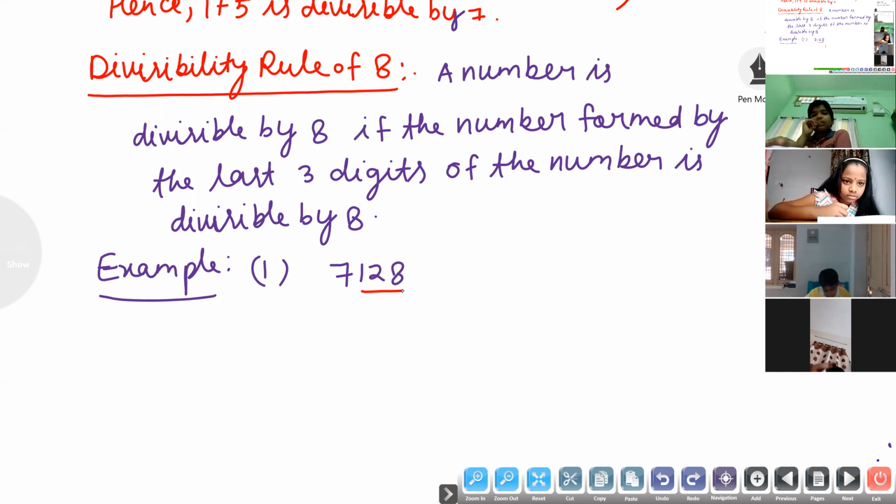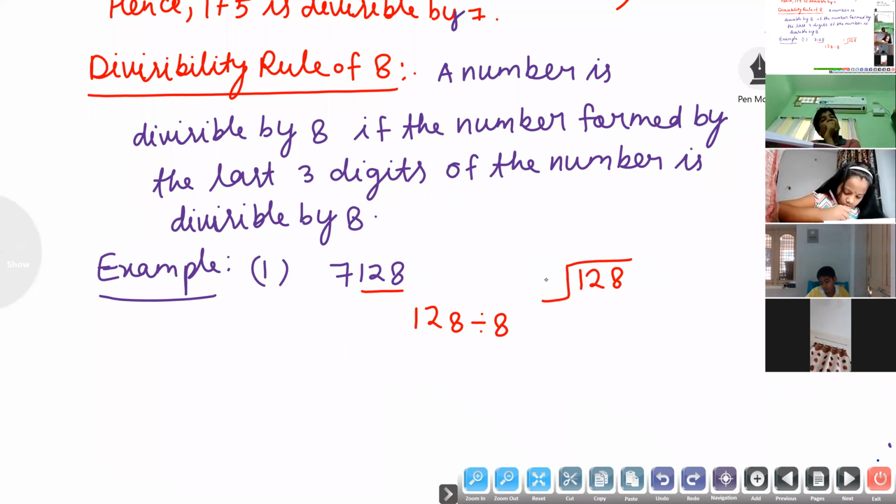Now I want to check whether 128 is divisible by 8 or not, so I will divide 128 by 8. 8 ones are 8. Subtraction. We can't subtract, so we take a borrow.